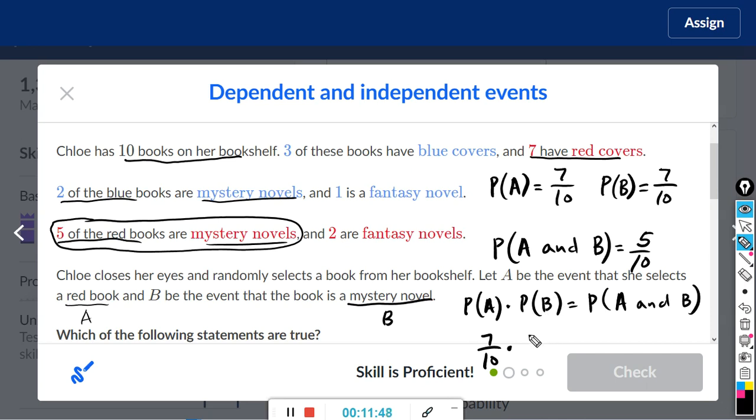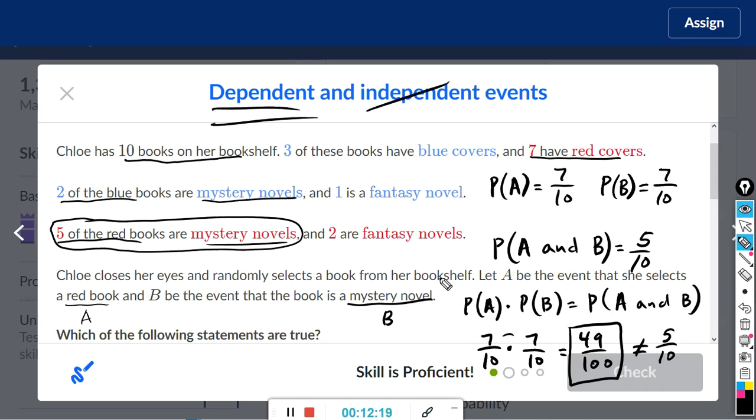Probability of B is 7 over 10. 7 times 7 is 49. 10 times 10 is 100. Okay? 49 over 100, that does not equal 5 over 10. Those are not equal. Okay? So this statement is not true. That means the events are not independent. They are dependent. All right?